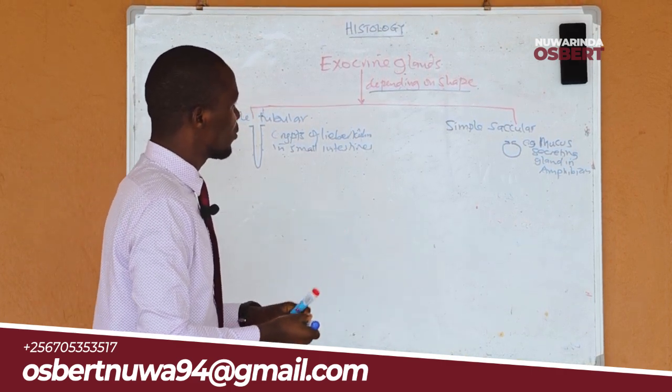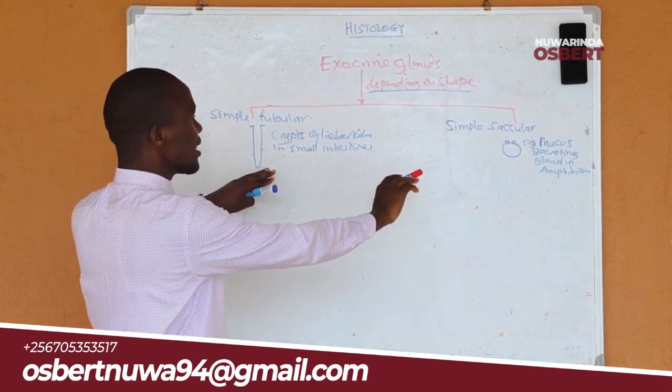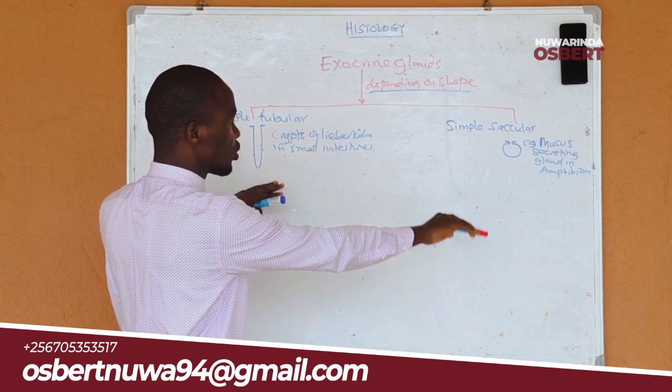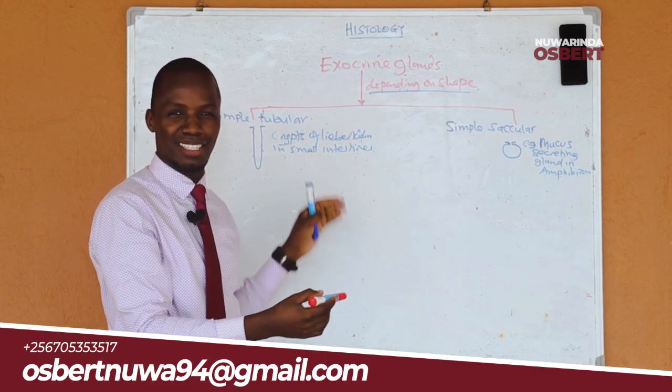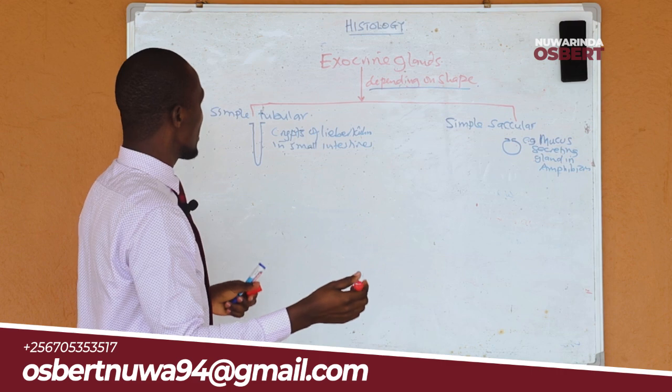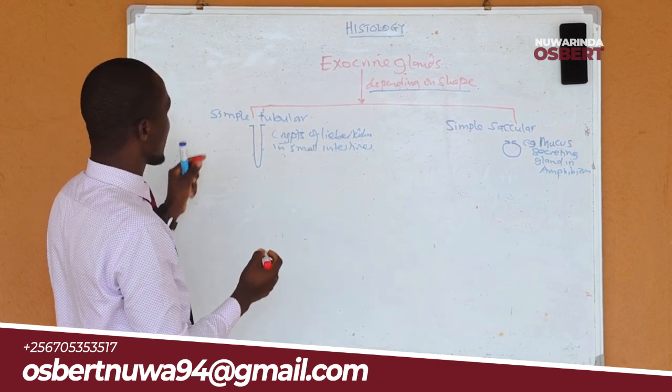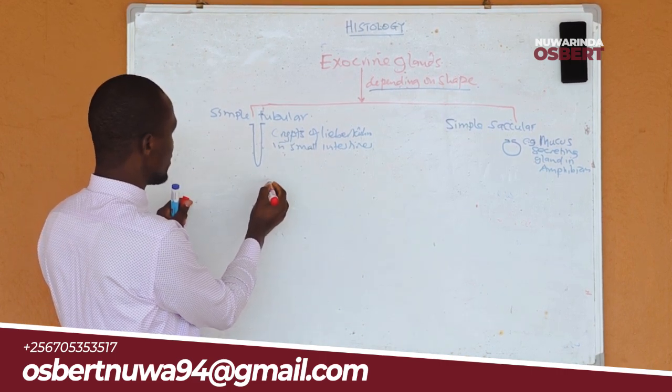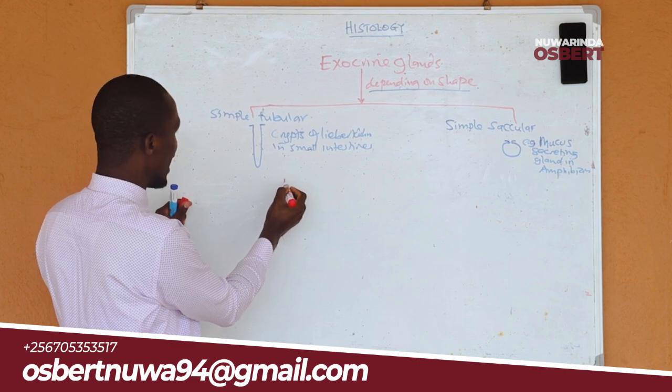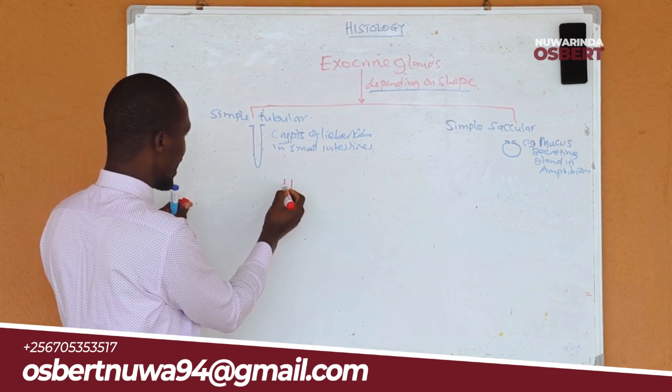Now, the other glands I am going to put here are just modifications of these ones. For example, we have a gland which is supposed to be tubular like this.